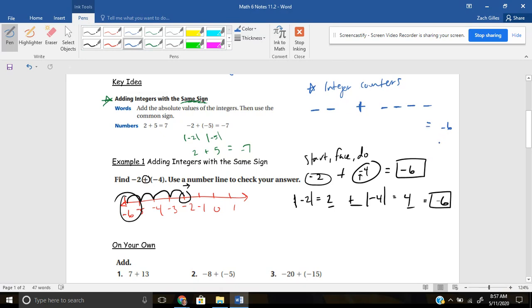Integer counters are really helpful when we have different signs, which we'll get to next section. But it works with positives too. I'm going to use a different color. Say we had 3 positives, and I added to that 1 positive. 3 positives plus 1 positive would give me 4.